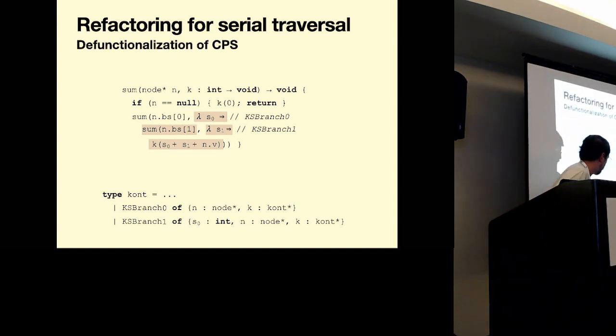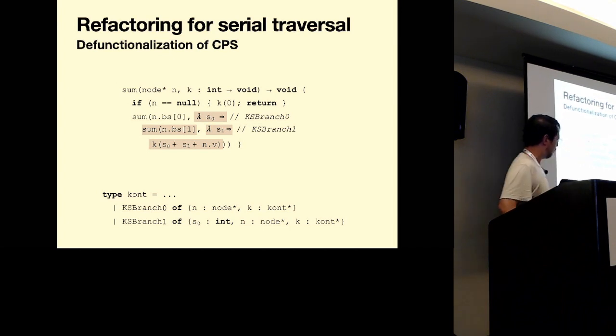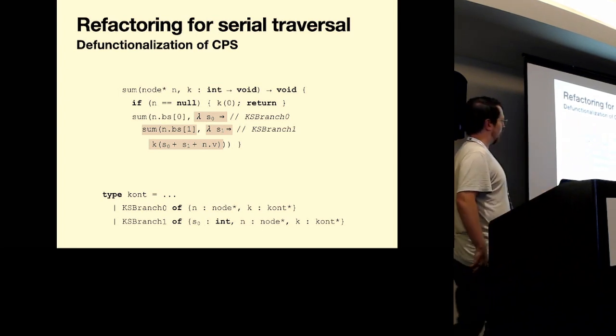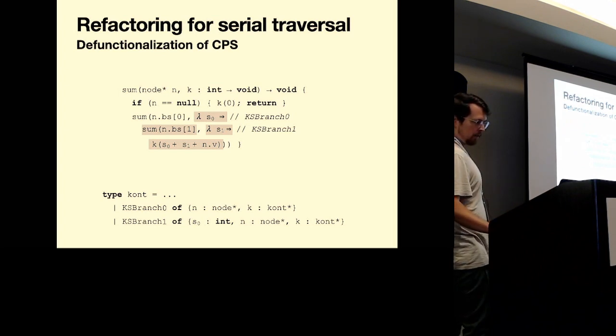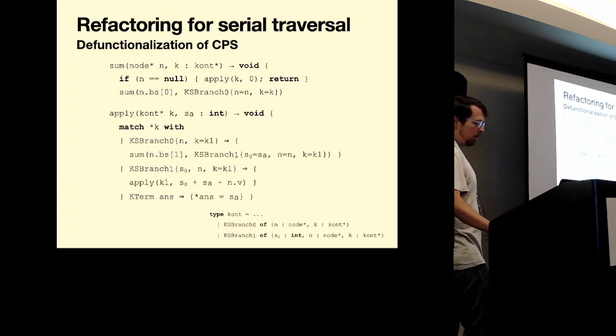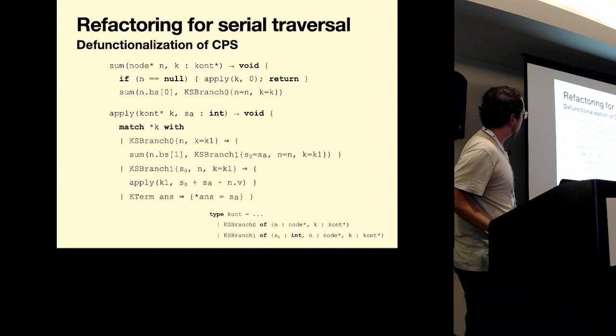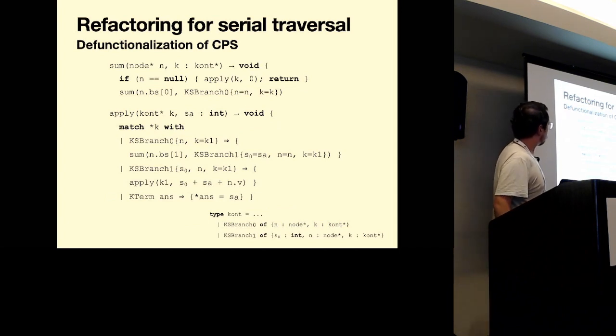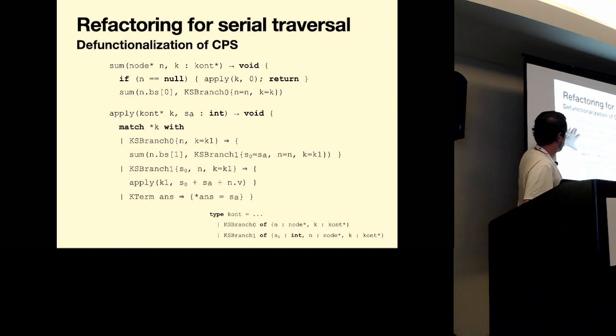And like before, we give each of these cases a place in the record for each of the free variables in the body of the continuation. So what we get in the end is the defunctionalized version of our serial algorithm.